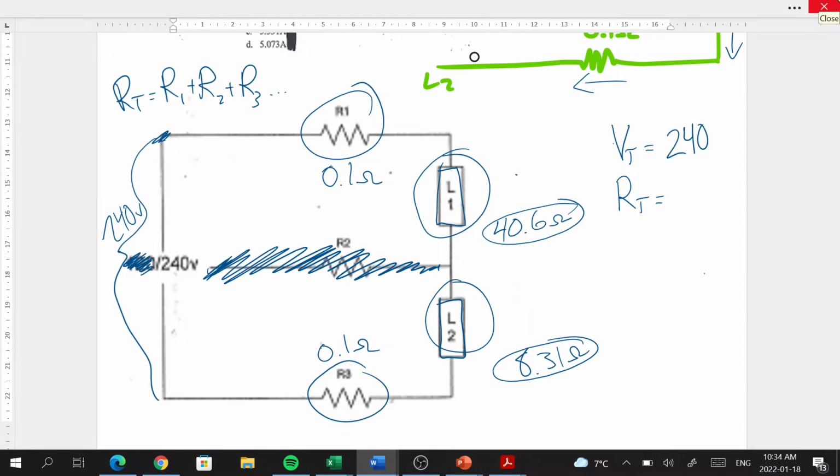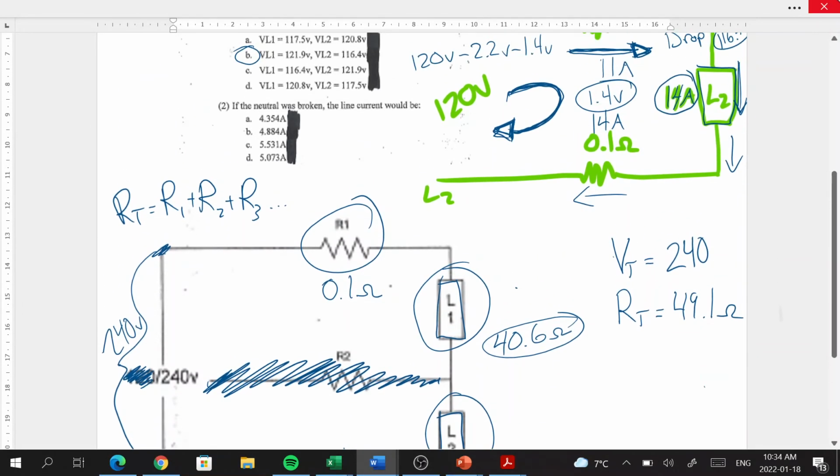So 0.1 plus 0.1 plus 40.6 plus 8.31 gives us a total resistance of 49.1 ohms.